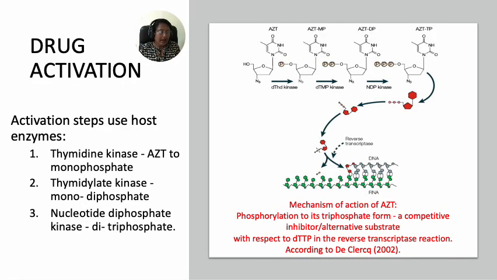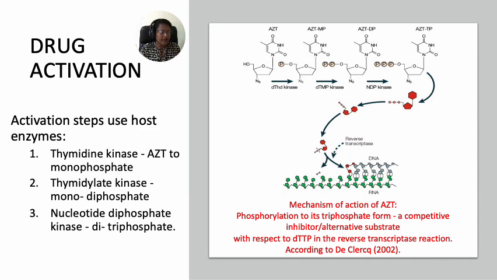So the drug activation process of these agents includes triphosphorylation, as I mentioned. I don't need you to know how to draw these diagrams, but I need you to know the enzymes that are involved. Thymidine kinase takes the drug to its monophosphate.